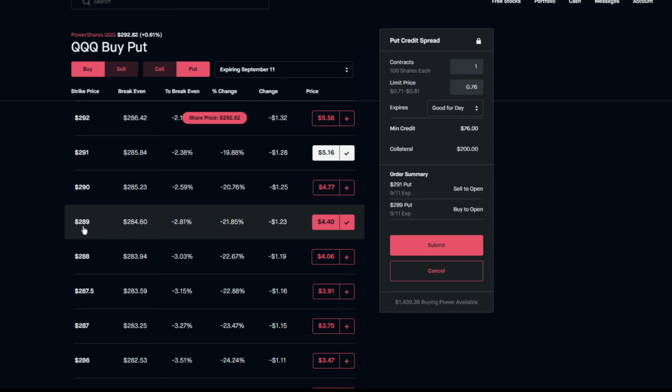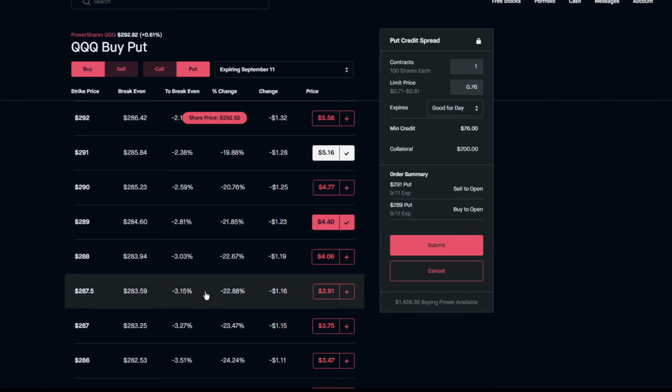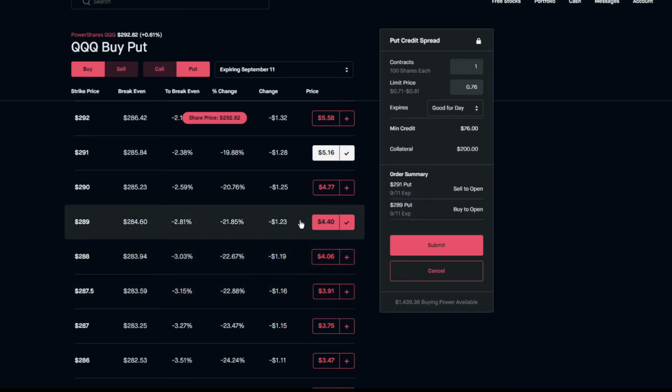But if it was to drop all the way down to 289, like 288, anywhere below, then your maximum risk would be only 200 and not any more than that. And that's the good thing about a spread. It minimizes the profit, but it also minimizes the risk and the collateral.